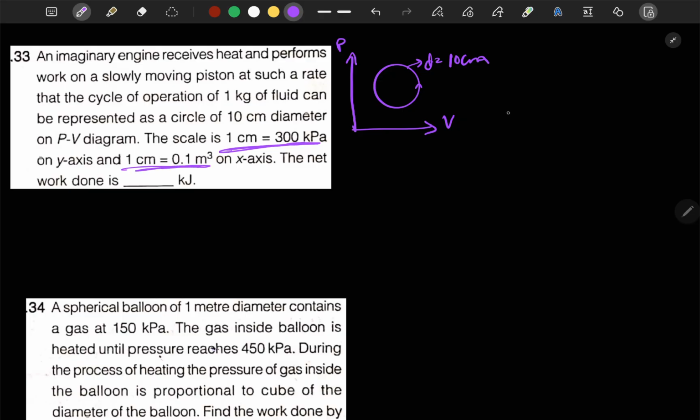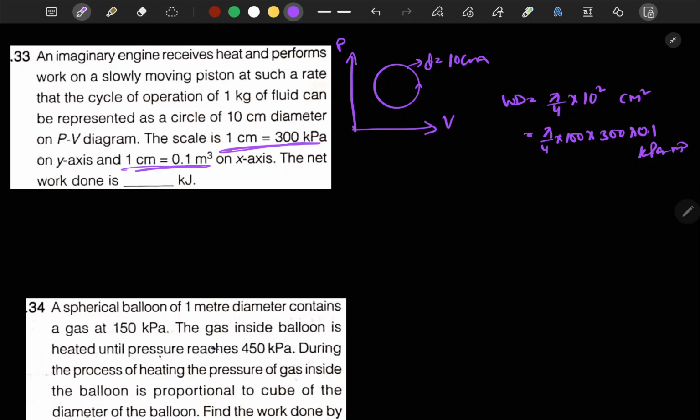The net work done will be the area enclosed by the curve. Area is equal to pi by 4 into d square, with d square being 100 centimeter square. We will convert into kilopascal meter cube: pi by 4 into 100 into 300 into 0.1 kilopascal meter cube.